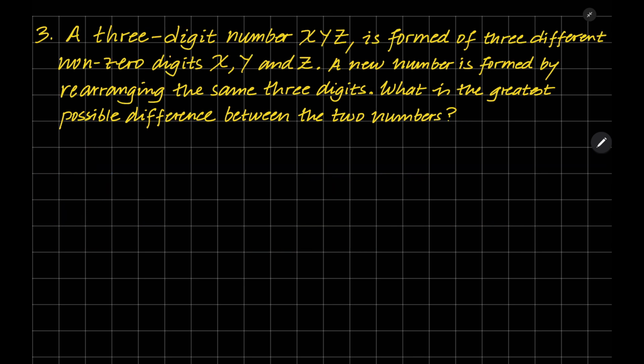Question 3. A three-digit number XYZ is formed of three different non-zero digits X, Y, and Z. A new number is formed by rearranging the same three digits. What is the greatest possible difference between the two numbers? First, note that to get the greatest difference, we want to subtract a small number from a large one.